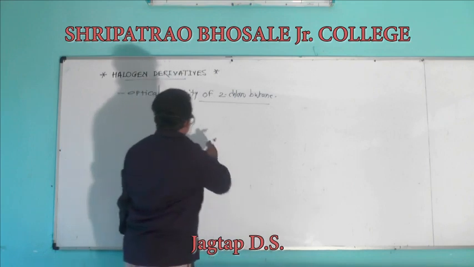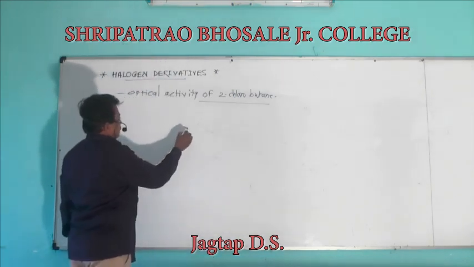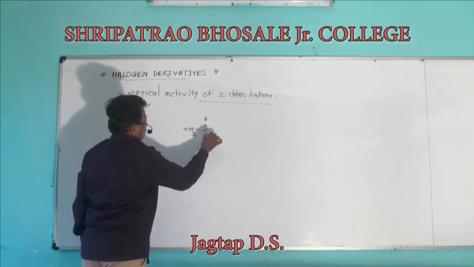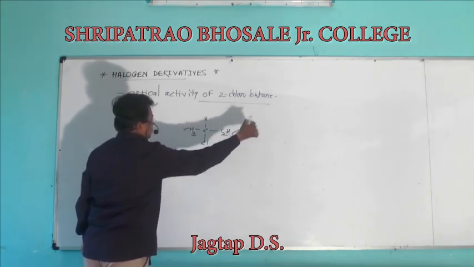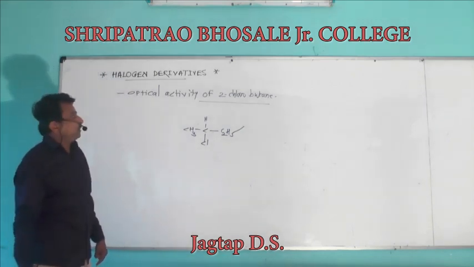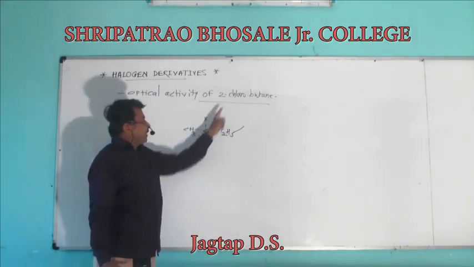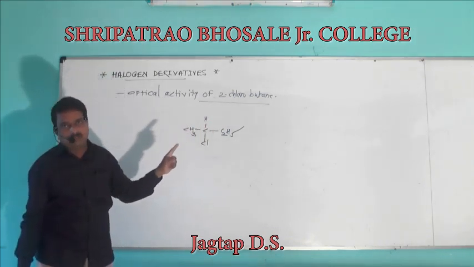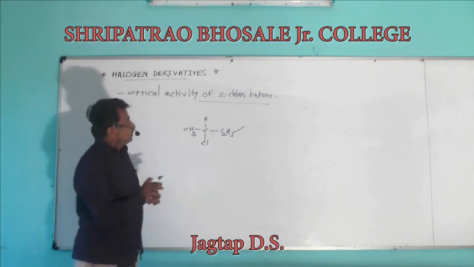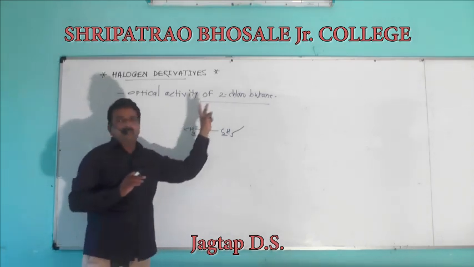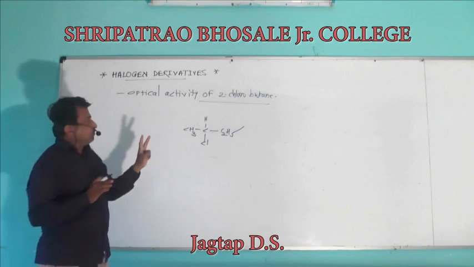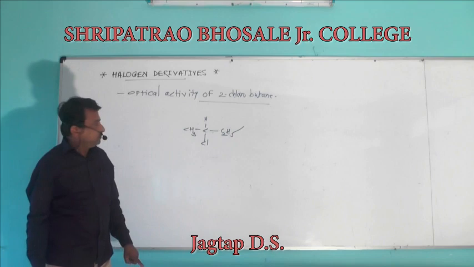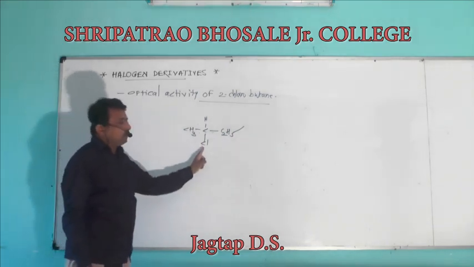So, we are going towards the optical activity of 2-chlorobutane. 2-chlorobutane is structurally represented as follows. According to the IUPAC system, alkyl halides are named as halogen alkanes, but the position of the halogen atom is written before the name of the halogen. Total number of carbon is 4, therefore it is corresponding butane. It contains only one halogen atom.